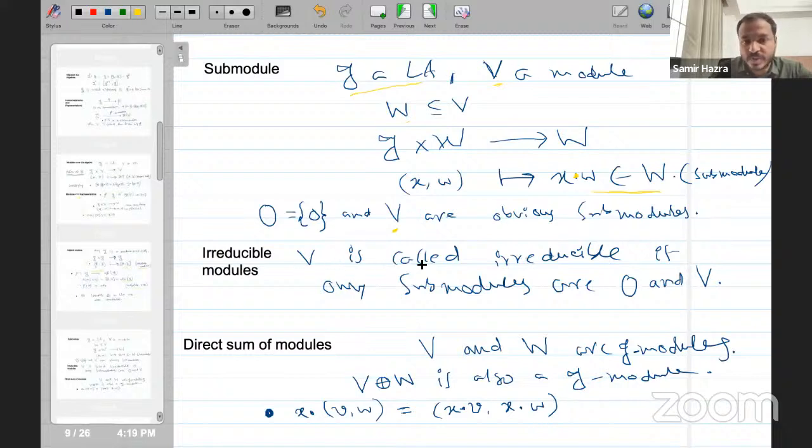Now, irreducible modules: V is called irreducible if the only submodules are 0 and V. So there are no intermediate submodules between 0 and V. And given two modules V and W, we can give the direct sum of these vector spaces a module structure where the action is given by x dot (v, w), acting coordinate-wise, as x dot v and x dot w. So this becomes a module over G. This is called the direct sum of the G-modules V and W.